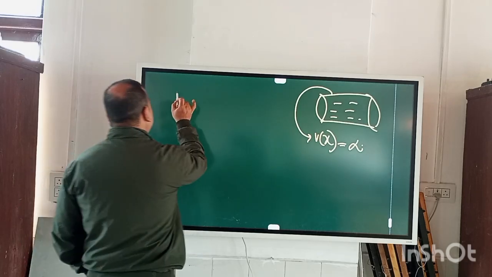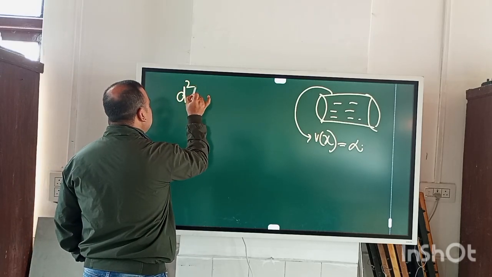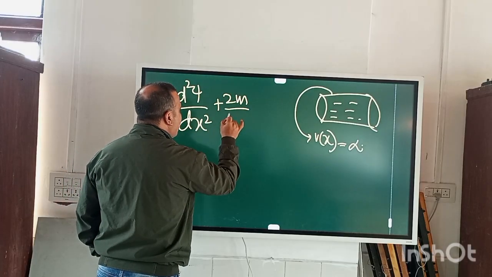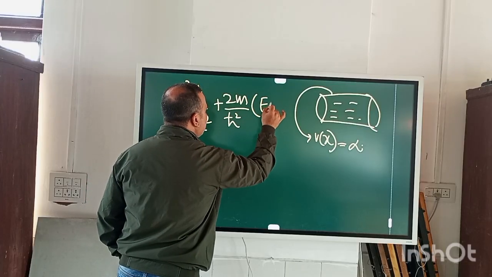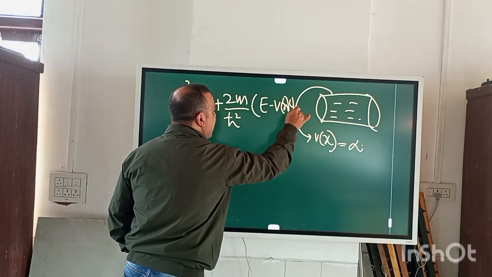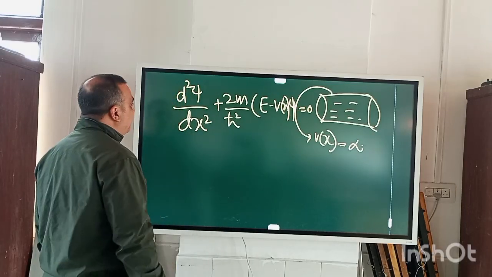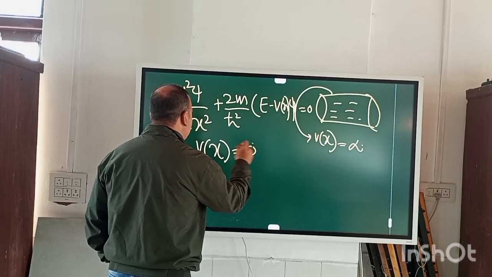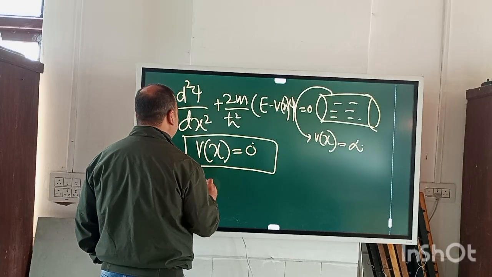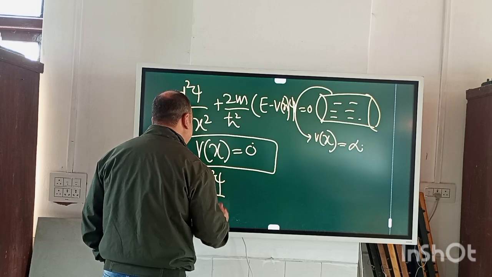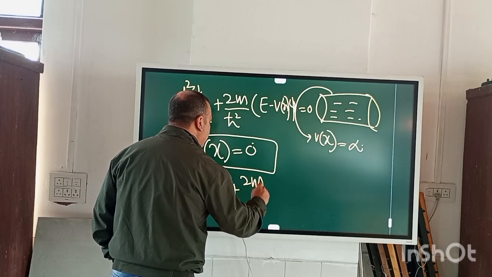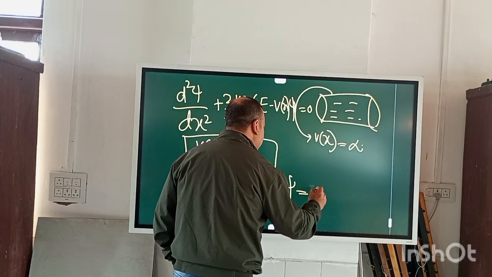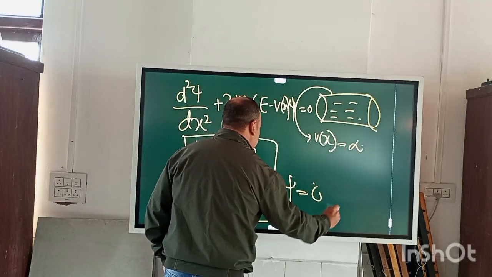So the Schrödinger time-independent equation is d²ψ/dx² plus 2m/ħ² (E minus V(x)) ψ equals 0. But in our case, we assume that V(x) is 0, so we can boil down the Schrödinger equation to d²ψ/dx² plus 2m/ħ² E ψ equals 0. So this is our problem.